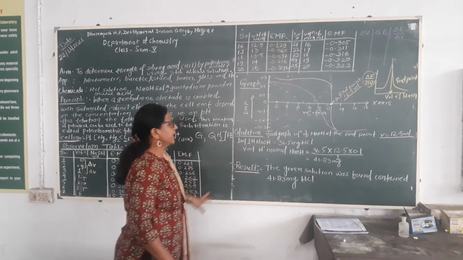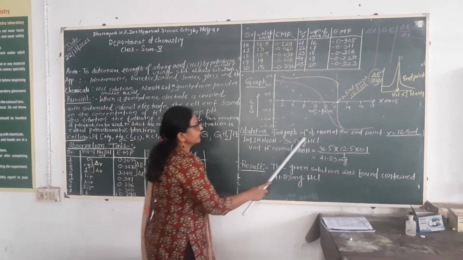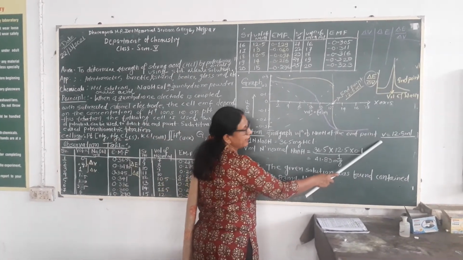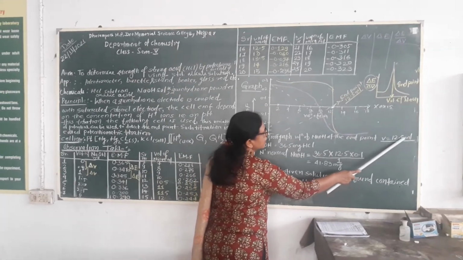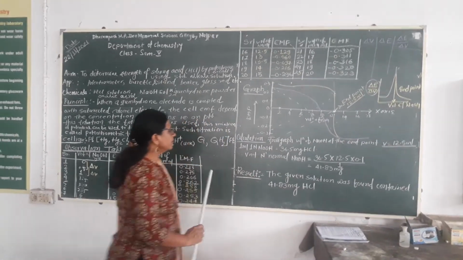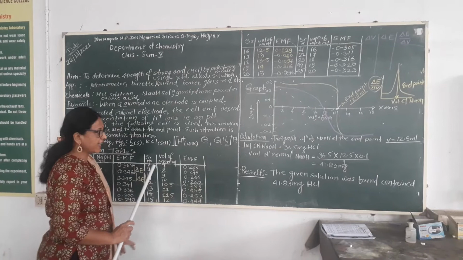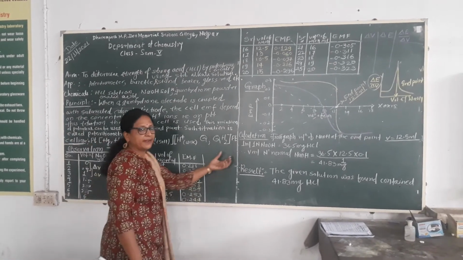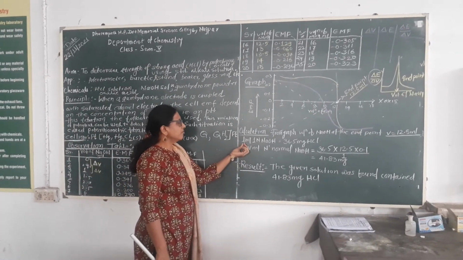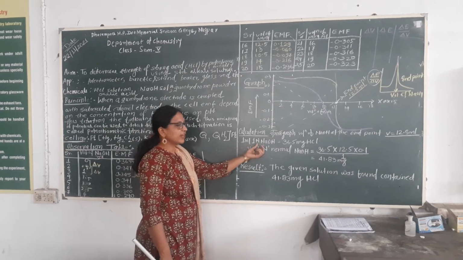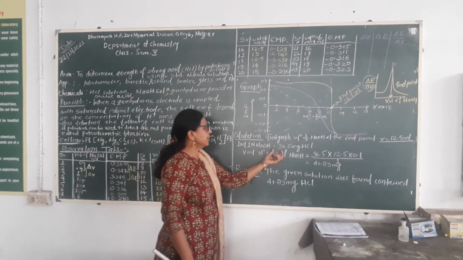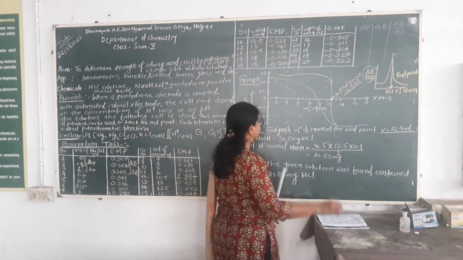Now the calculation part. From the graph of NaOH, at the endpoint we get a value of 12.5 ml. Now how can we calculate the strength of the acid here? This is a standard solution: 1 ml of 1 normal NaOH contains 36.5 milligram of HCl.